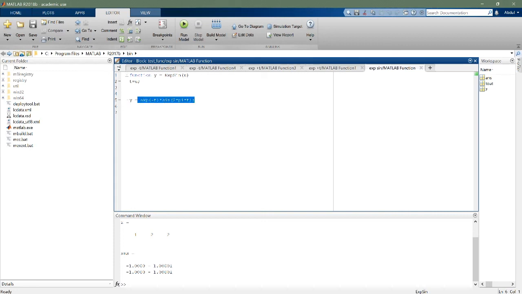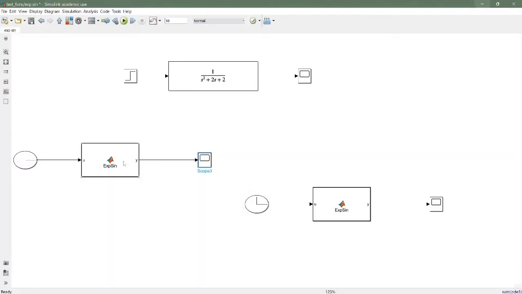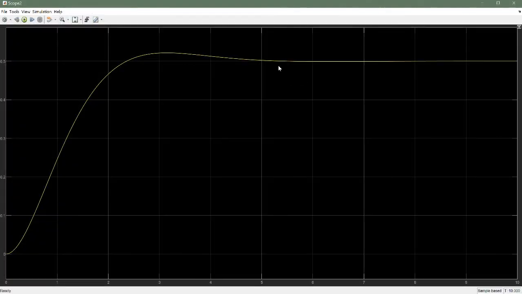When you actually find the response of this equation, you will get this, right? But the same equation of which this is the Laplace transform, when it is simulated with the step signal, it is like this. So why is it that different?